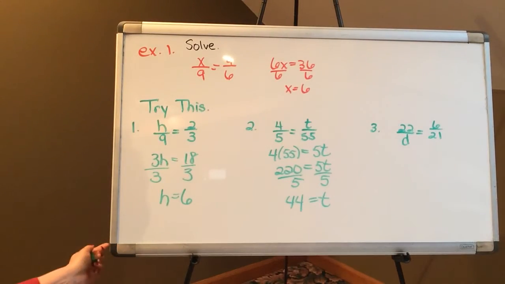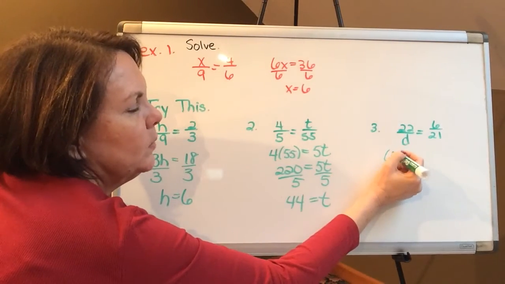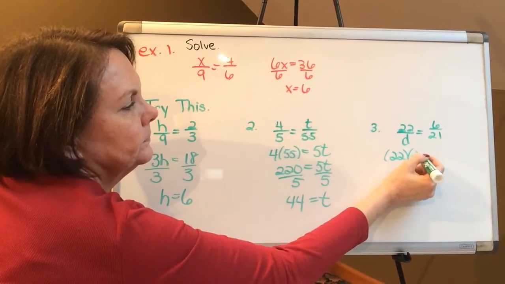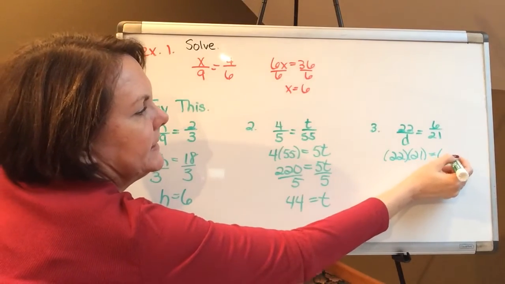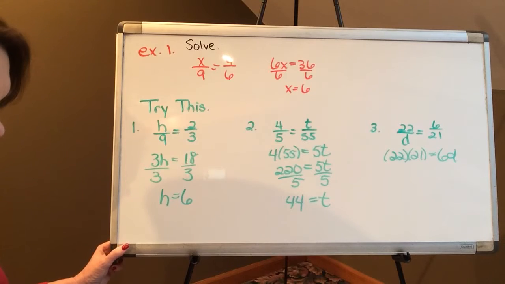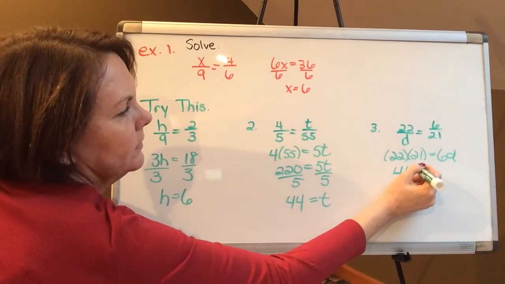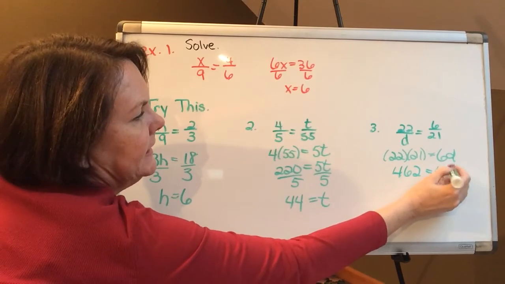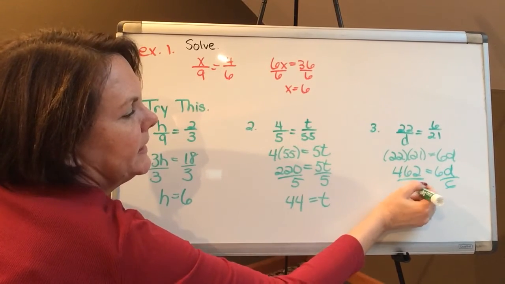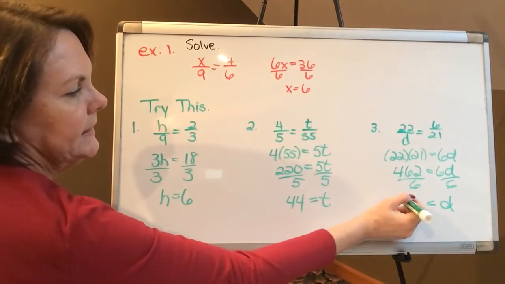All right, and then finally the last one, 22 times 21 equals 6 times d, and 22 times 21 is 462. Yes, I have that already worked out. Equals 6d, and then you divide both sides by 6, and d equals 77.